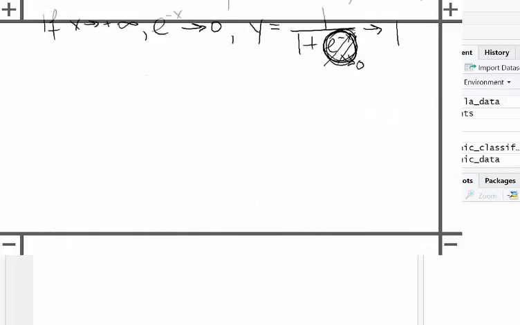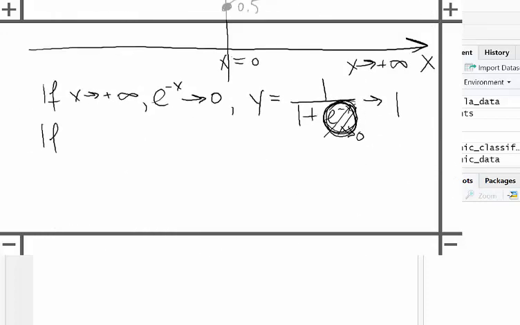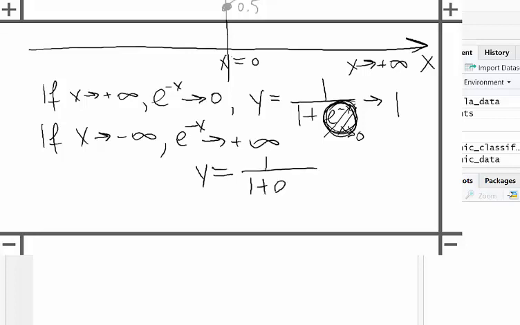So if x goes to minus infinity, then minus x becomes plus infinity, and e to the power plus infinity becomes infinitely large. Then y equals 1 divided by 1 plus e to the power minus x. If this becomes really large, what happens to the function? It approaches 0, because we're dividing 1 by a huge number.